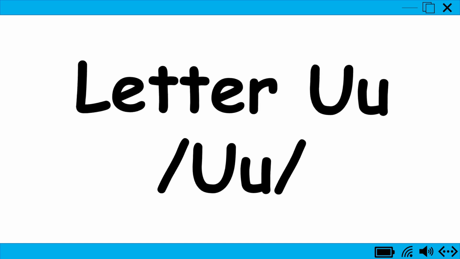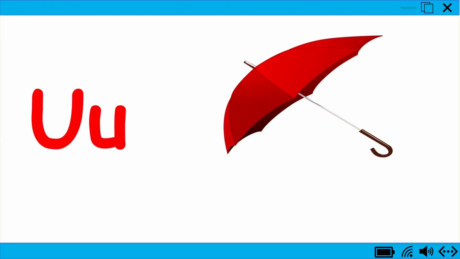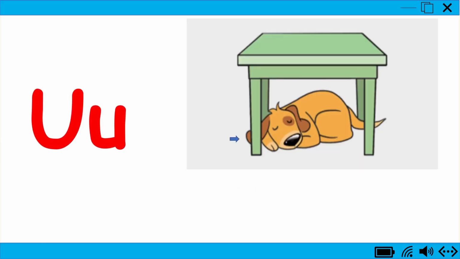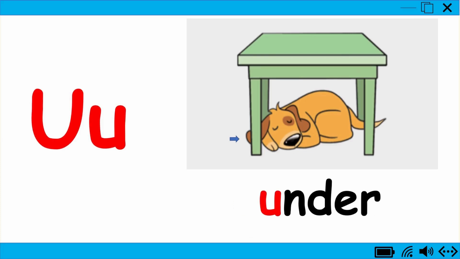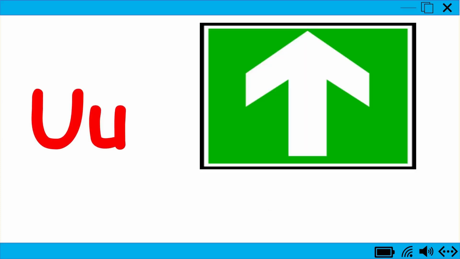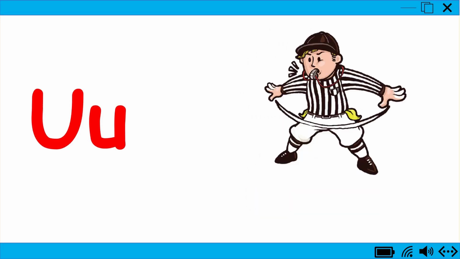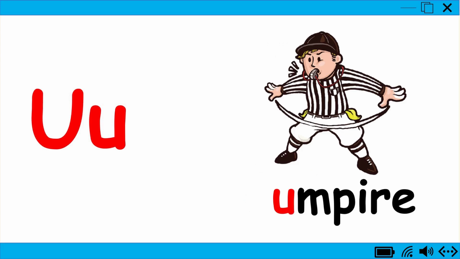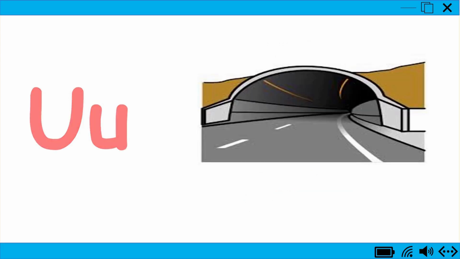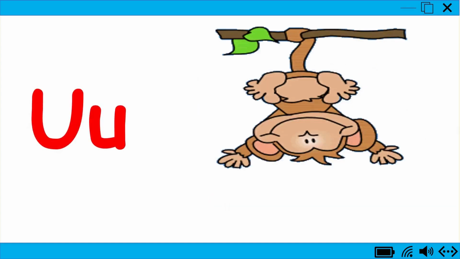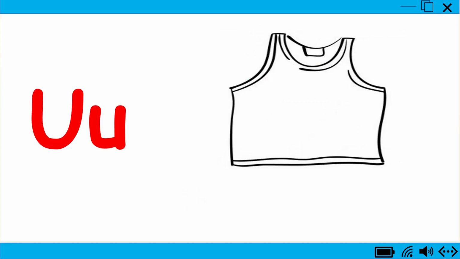Letter U says /u/: umbrella, under, up, uncle, umpire, underpass, upside down, undershirt.